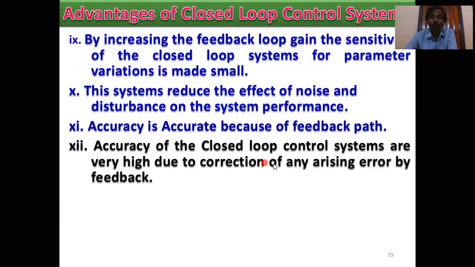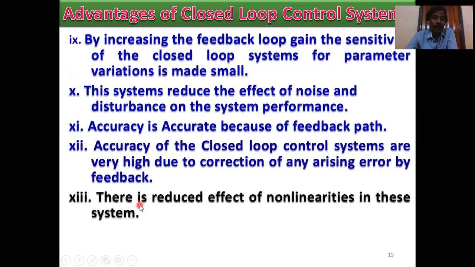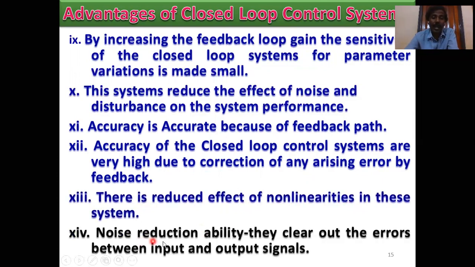Accuracy is very high due to correction of any arising error by feedback. There is reduced effect of nonlinearities. Noise reduction ability: they clear out the errors between input and output signals.